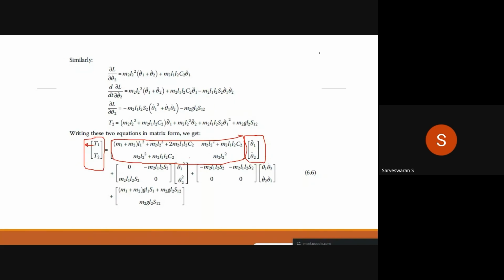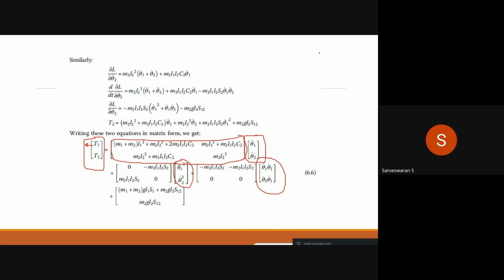Based on the robot configuration, the folded robot will have less inertia, and the unfolded or stretched robot arm will have more inertia, and everything will vary based on that. Also theta 1 dot and theta 2 dot, which are your velocity components, come into play.